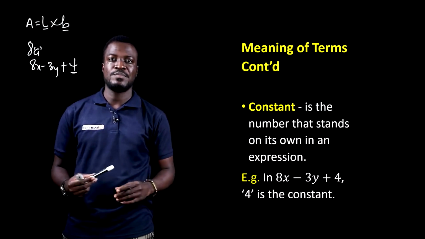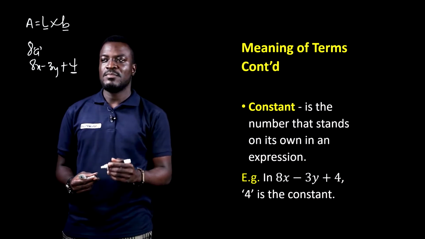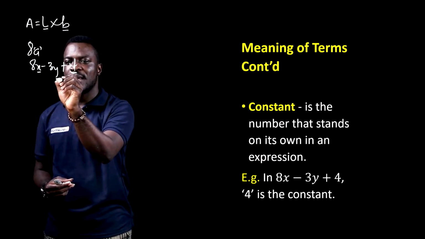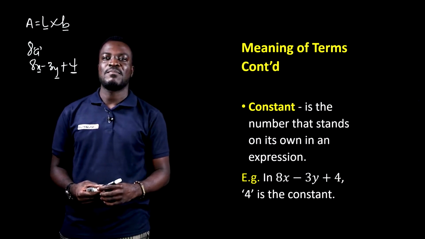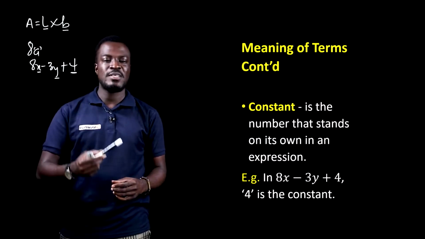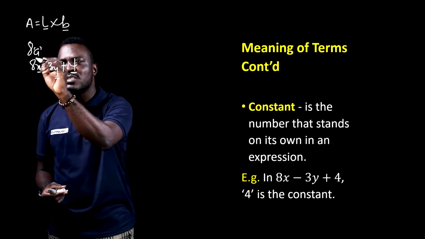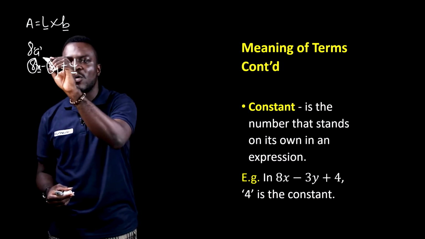It is standing alone. It has no variable attached to it. And then we can say that x and y are what? Variables, correct? So if x and y are variables, and 4 is a constant, then what is this number called?